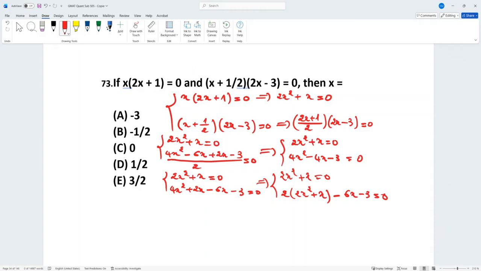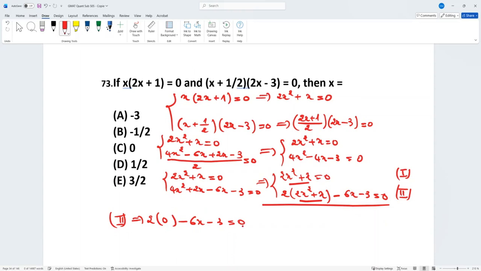So now you can see that these values are the same. This can lead us to have, if we replace this by 0, because we know that it's equal to 0, so we're going to have 2 times 0. So this is equation 1, equation 2. So equation 2, sorry, is going to give us this minus 3, which is equal to 0.